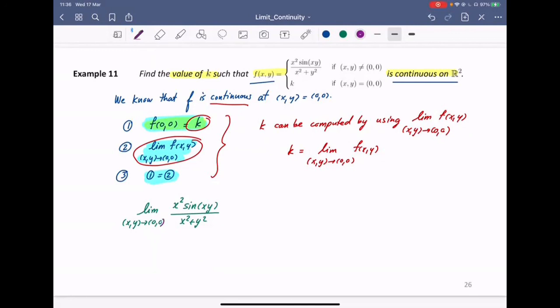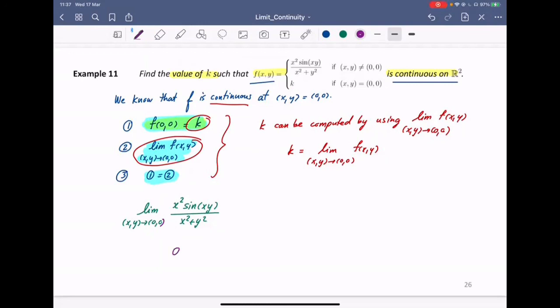What else can I do? Factoring is not a good way to go, because you have sine xy on the top. When you see a trigonometric function, you do not want to factor or use a conjugate. It's going to be terrible. So let's pick lines then. What if I pick x equal to 0?